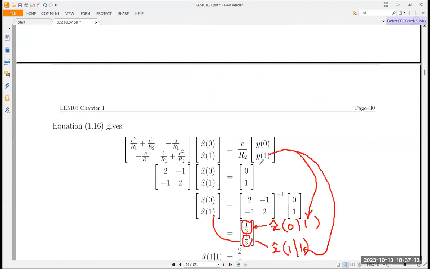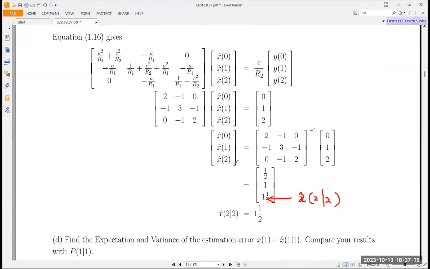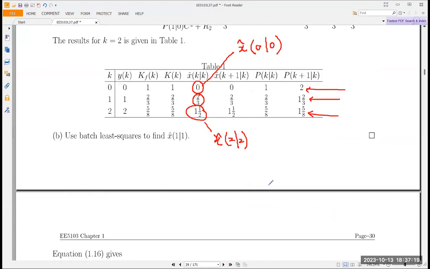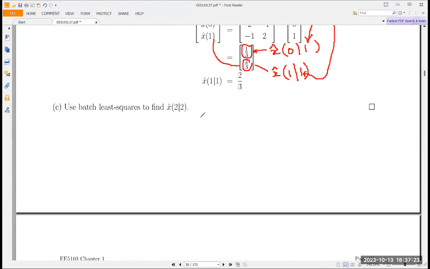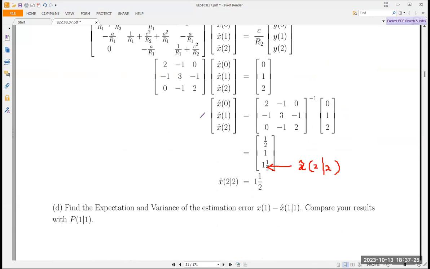Then after that, you will find that at the first sample, this is 1. At the first sample, this is 2/3. It doesn't match anymore. How come it doesn't match? I already told the story already, because if you write properly, this is an estimate at the first sample, making use of y up to 2. So it should be this.